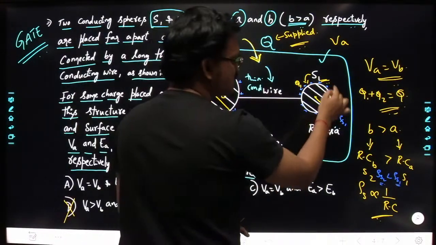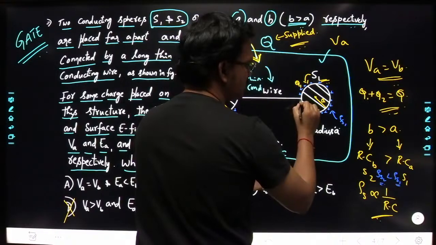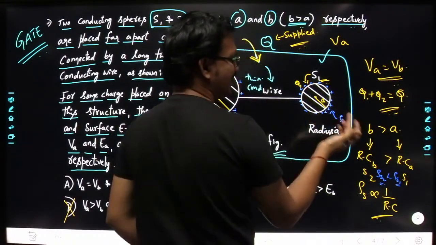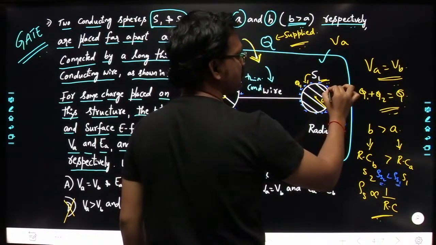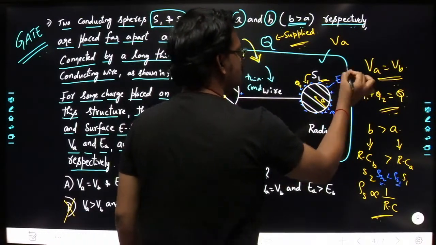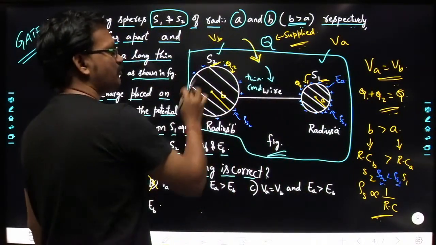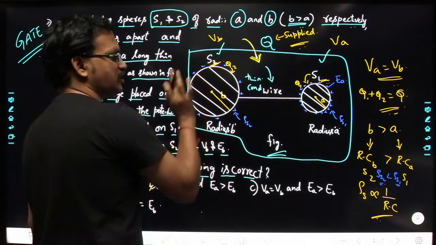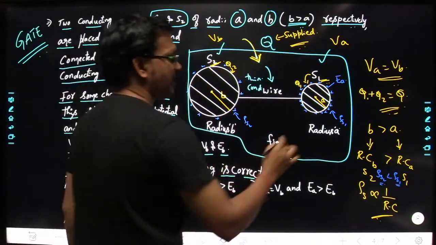Since the charge density over the surface is more, we can guess that the electric field on the surface S1, that is EA, is going to be greater when compared to the electric field on the surface S2, that is EB. Can we make this guess here?